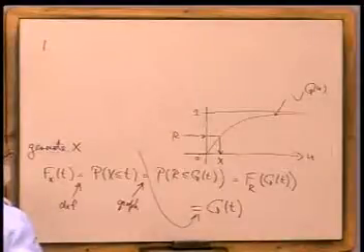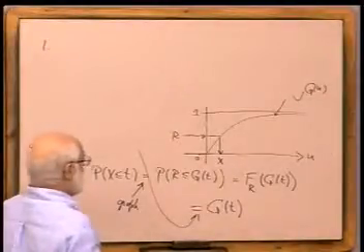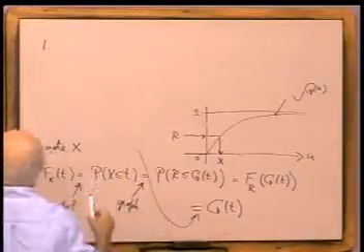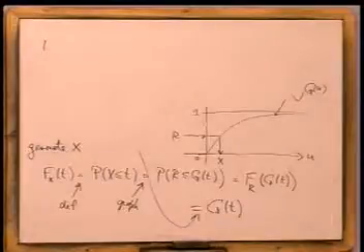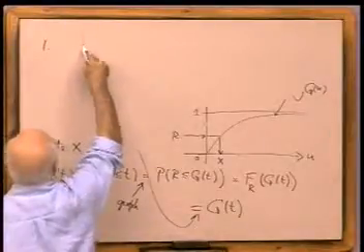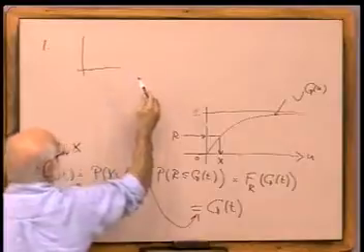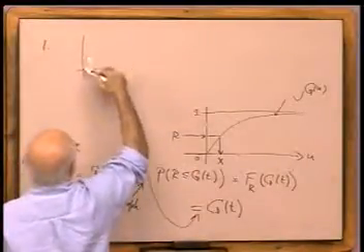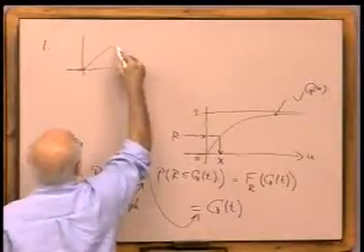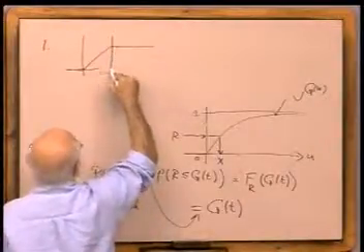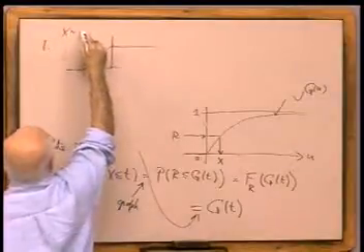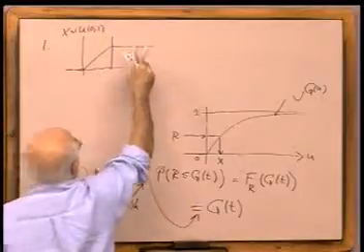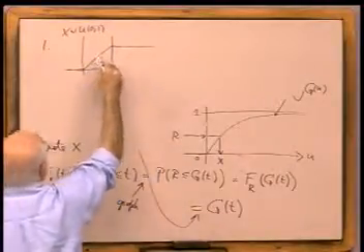Okay, now in case number 1, what I want to do is generate a random variable that's uniformly distributed. So in case number 1, the distribution function that I want looks like this. Because if x is uniform 0, 1, the graph of its function is simply a straight line.